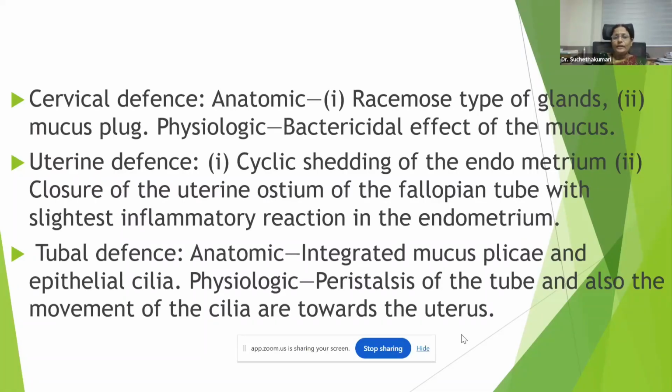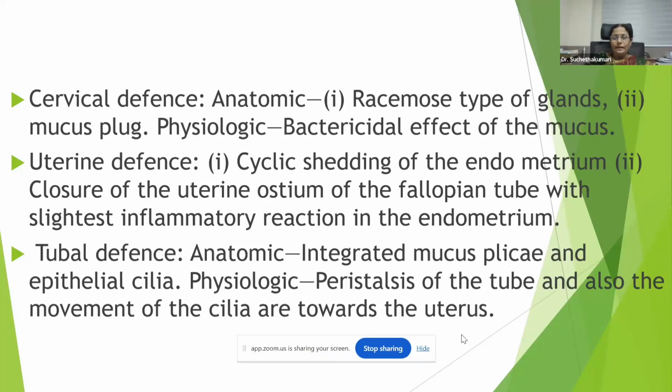Hence, the chance of infection is minimized. Next is the closure of the uterine ostium of the fallopian tube with the slightest inflammatory reaction in the endometrium.